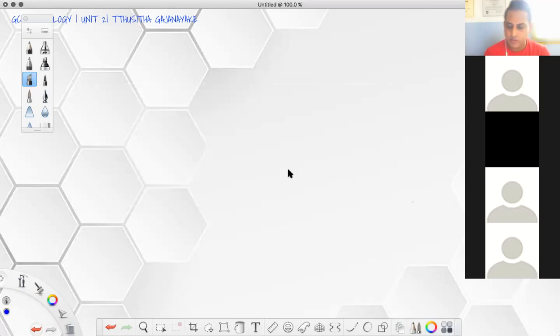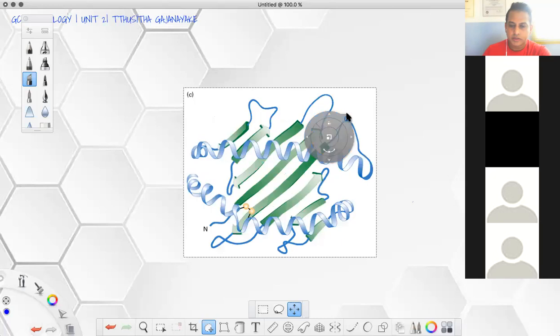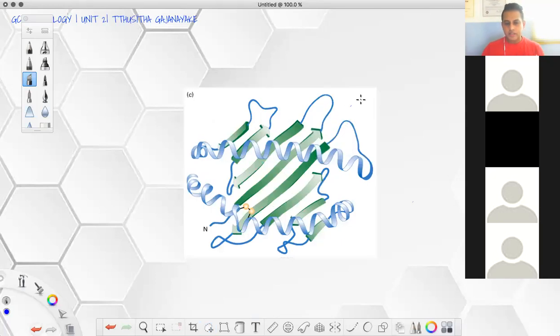Right, there's a question: what is the difference between secondary structure and tertiary structure? I can show you the way people construct the shape of protein molecules.